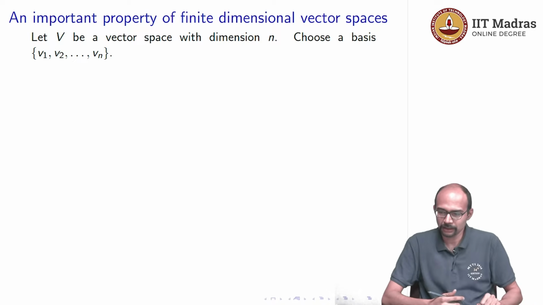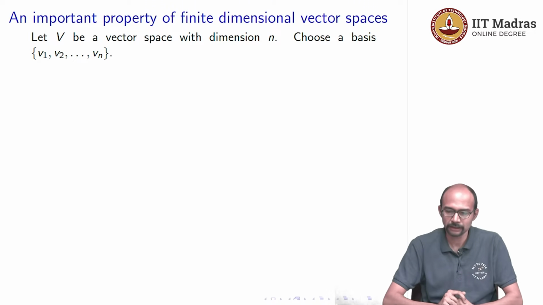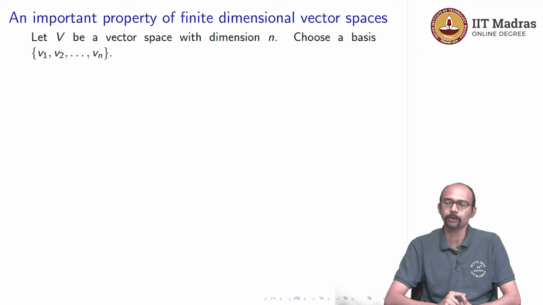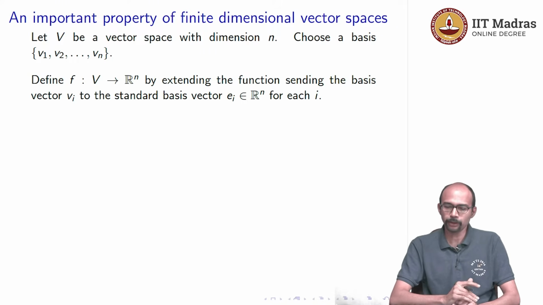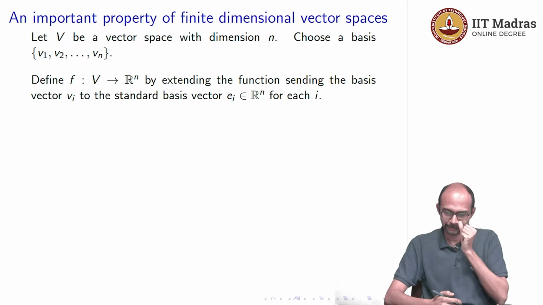Let us continue from this point and study first a very important property of finite dimensional vector spaces. Let V be a vector space with dimension n, choose a basis v1, v2, up to vn, and we are going to define a function f from V to Rn which sends vi to ei.